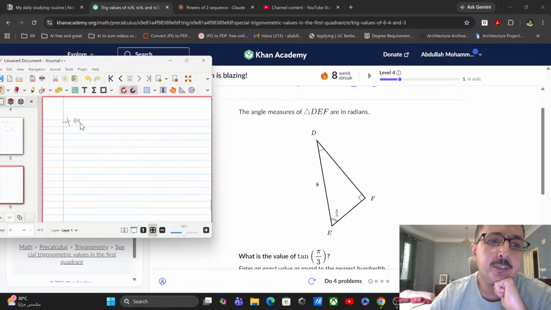Said the tangent of pi over 3 is equal to the sine over cosine, which is, here we have sine.